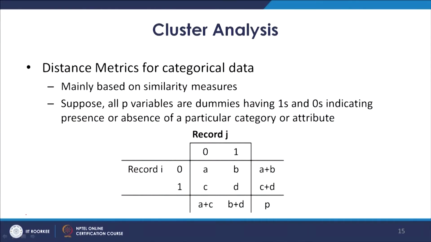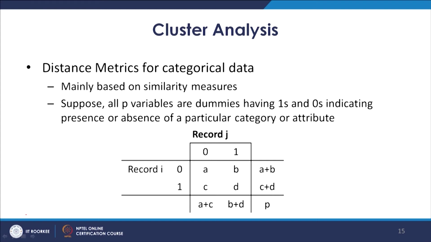As you can see, we have a small table here which we are going to use to understand this particular concept. We have record i and record j, and both these observations have p variables. This table, with 0 and 1 and 0 and 1, is indicating the number of variables. For example, record i 0 and record j 0.